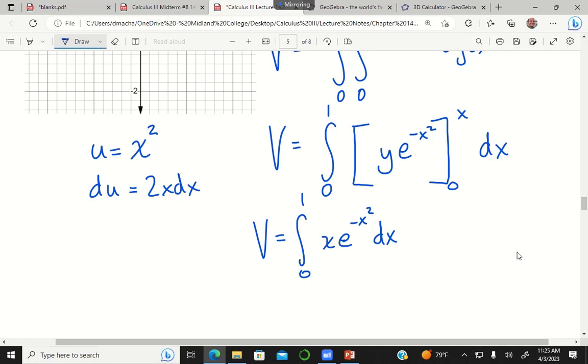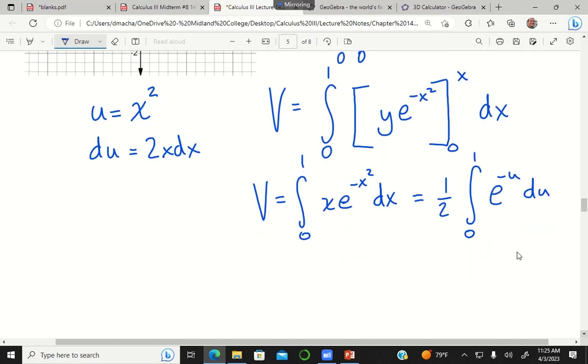So I can replace the x dx by 1/2 du. My lower bound of 0 would be 0 squared, so it's still 0. My upper bound of 1 would be 1 squared, so it's still 1.